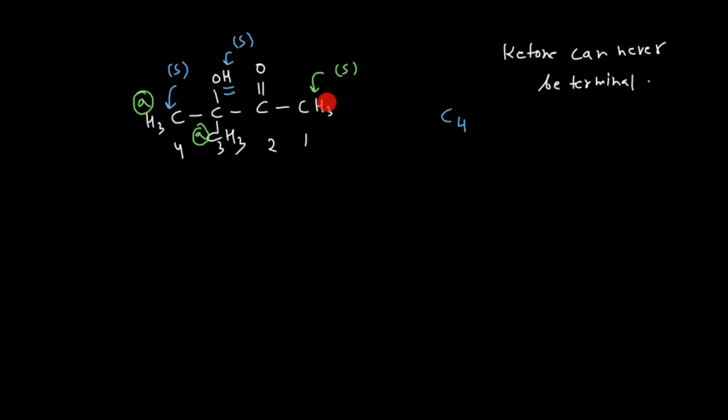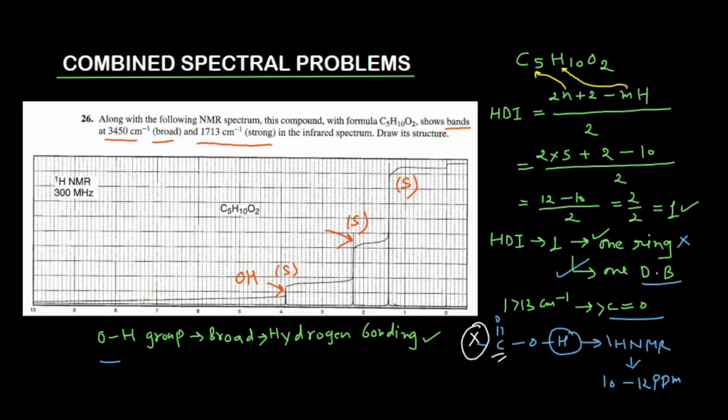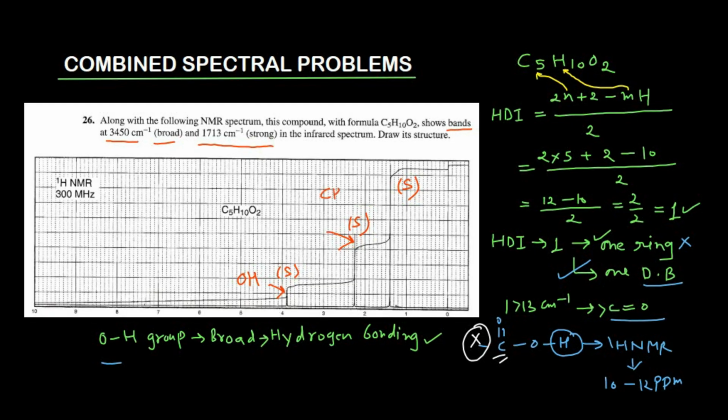This will deshield the protons of this methyl group, and this deshielding causes the downfield shift somewhere around 2 to 2.5 ppm. So if I go back again, this signal is at 2.1 ppm, and this signal is basically due to the CH3, right, connected with the carbonyl.